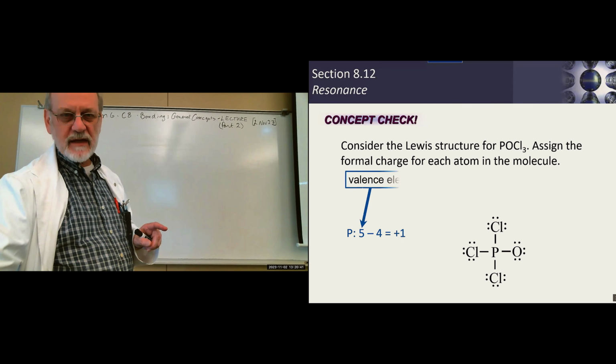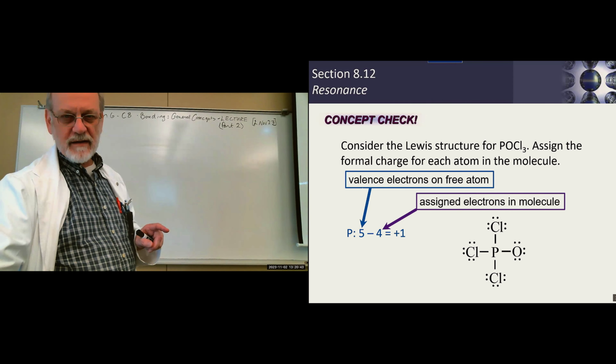How about the oxygen? Well, oxygen has 6 as a free atom. And how many is it assigned? Well, it has 2, 4, 6 from lone pairs plus 1 from the bond. So that's 7. 6 minus 7 is minus 1.